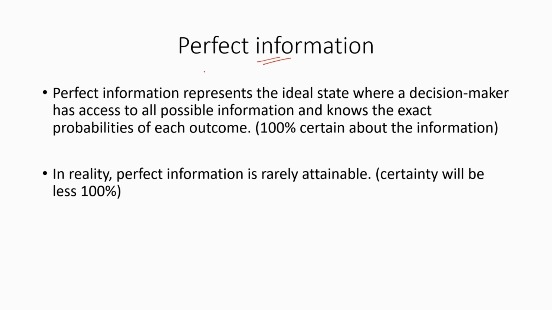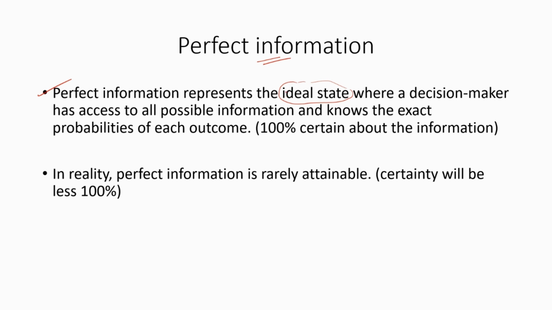What is perfect information? Perfect information represents the ideal state where a decision maker has access to all possible information and knows the exact probabilities of each outcome. Simply, this means perfect information is an ideal state. This means it is not practical. This is a theoretical idea.